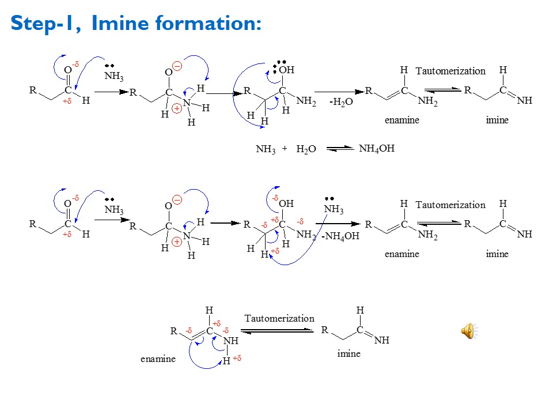So this beta proton is abstracted by the ammonia with the formation of an ammonium ion, and this carbon-hydrogen bond moves towards the alpha-beta carbon, where the double bond is formed, and at the same time the OH minus group is removed, which is attached with the ammonium in the form of ammonium hydroxide. I have omitted some steps here, because you know that in simple alcohols the OH group is not a good leaving group.